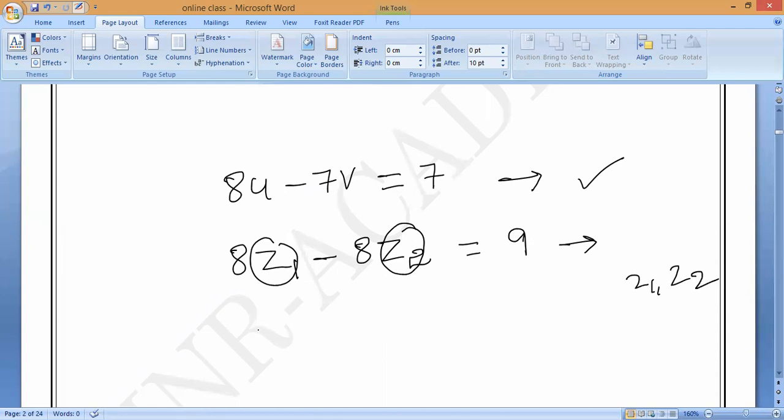Suppose a x1 plus b y1 equal to some c. Is it a linear equation in two variables?